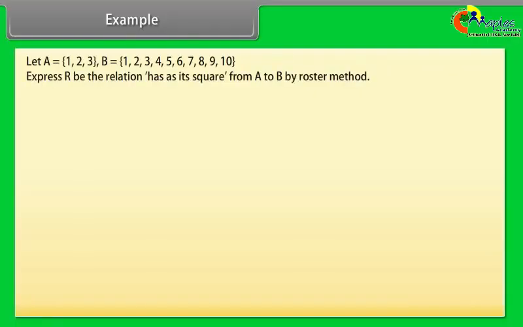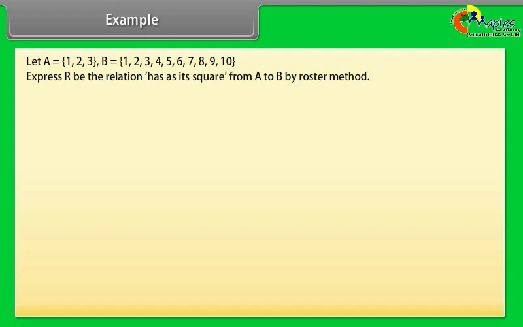Example: let A = {1, 2, 3} and B = {1, 2, 3, 4, 5, 6, 7, 8, 9, 10}.